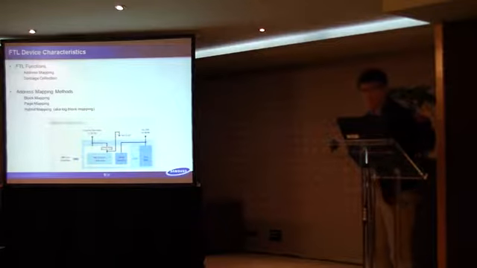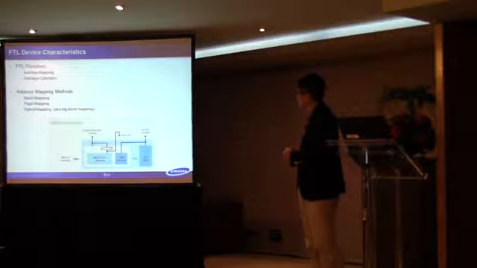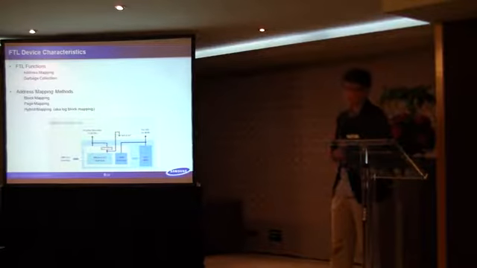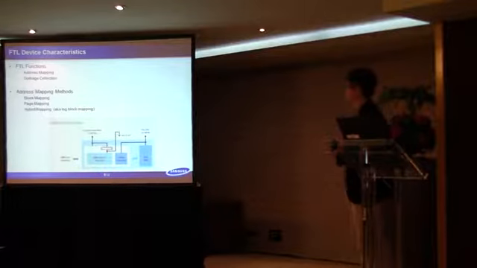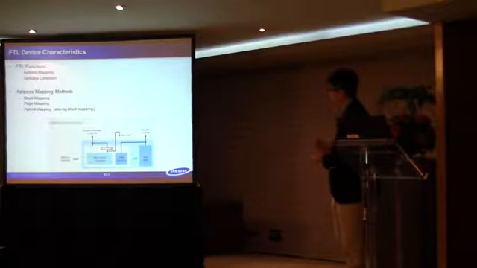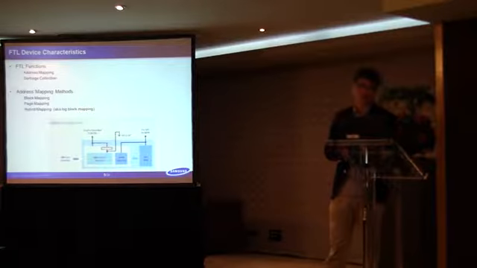So I will briefly talk about some FTL device characteristics. Firstly, the key FTL functions are address mapping and garbage collection. Regarding address mapping, we have 3 options. The first one is block mapping. That's a very naive method.